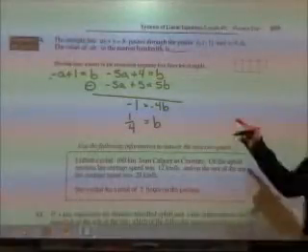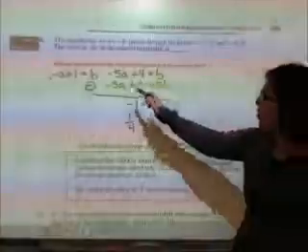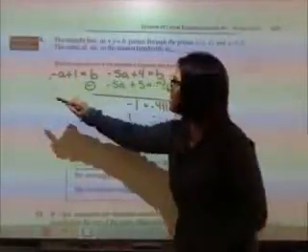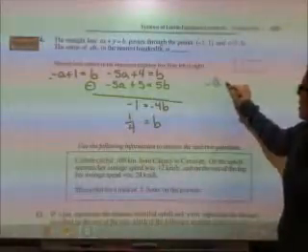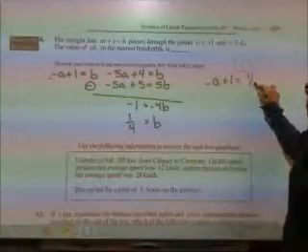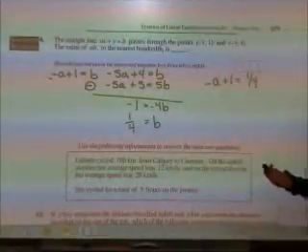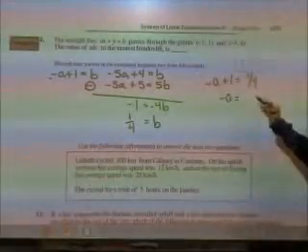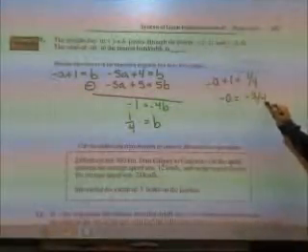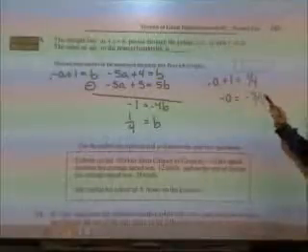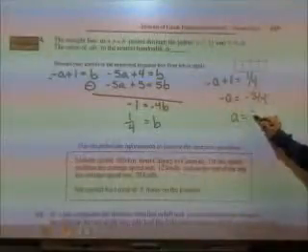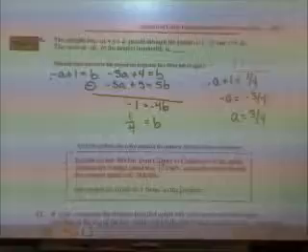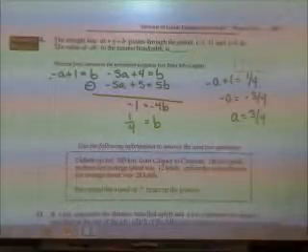And then I can substitute it back into one of the two equations. I can put it into this equation: -a plus 1 equals 1/4. Subtract 1 on each side. 1/4 minus 1 is -3/4. So if -a equals -3/4, positive a equals 3/4.